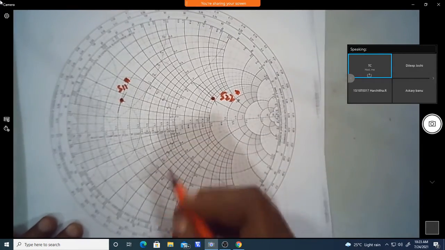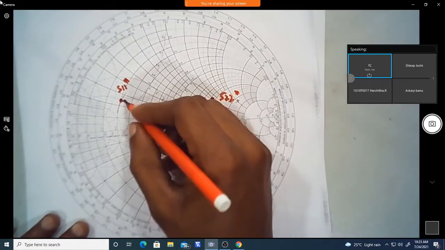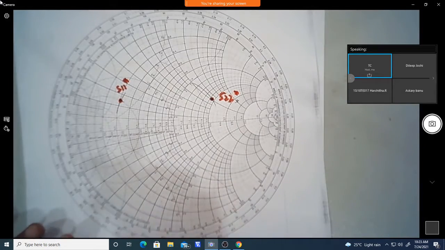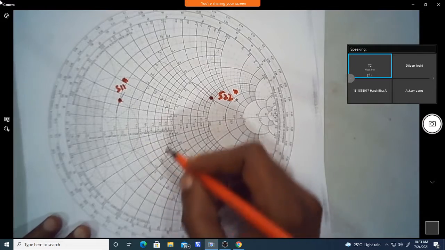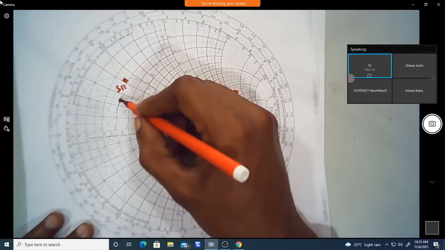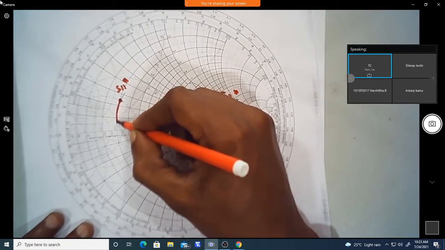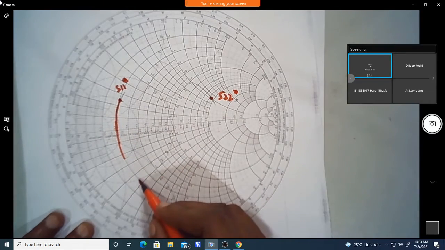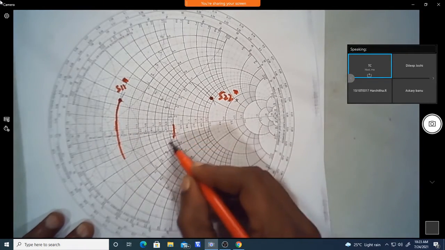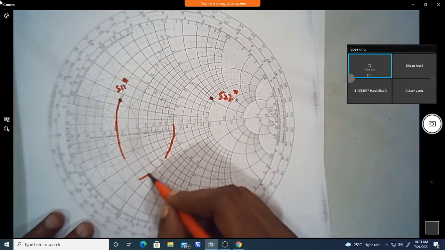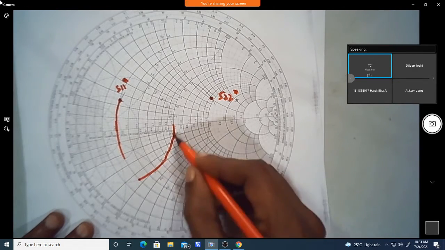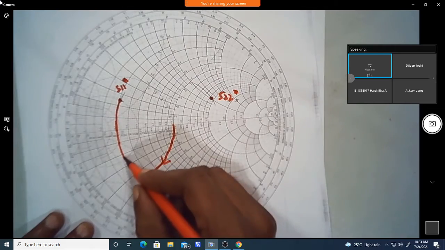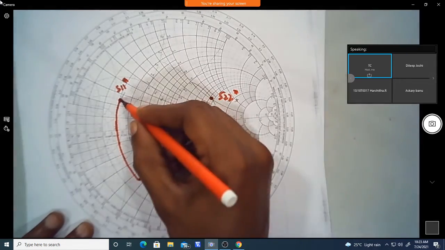In order to move from this point to this point, we will use the elements L and C, whatever we used in the earlier method. This point is along this circle, which corresponds to the unity conductance circle, so till this point we will come, and then from this point we can move to this point.